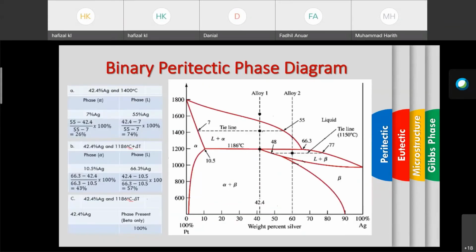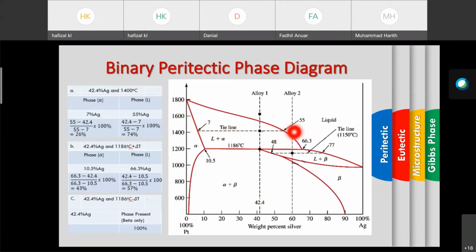How to get the value of the percentage of phase fraction? In this case let's consider alloy number 1. What will happen at the temperature of 1400? At this line we need to make a tie line here.